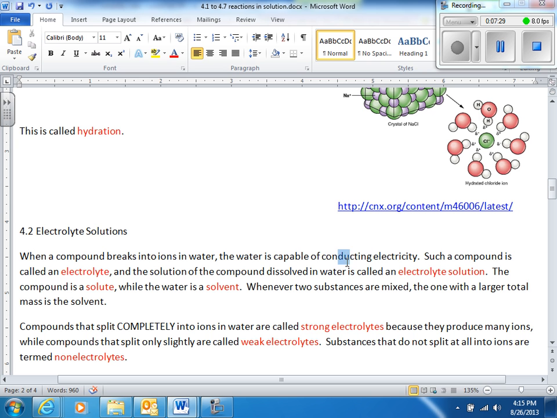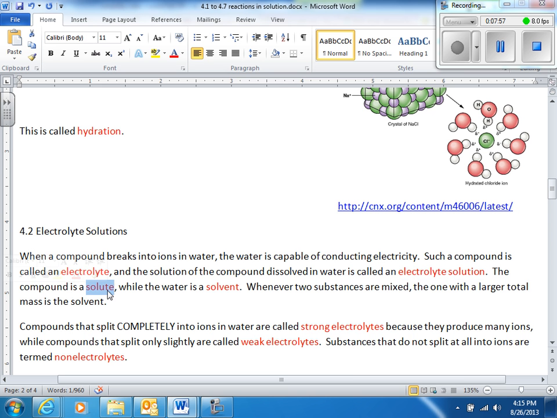The solution can conduct electricity. So compounds that break into ions in water can cause the water to conduct electricity, and the compound's an electrolyte. The solution, when the water has dissolved ionic compounds in it, or things that produce ions in it, the solution of the water and the compound is called an electrolyte solution.